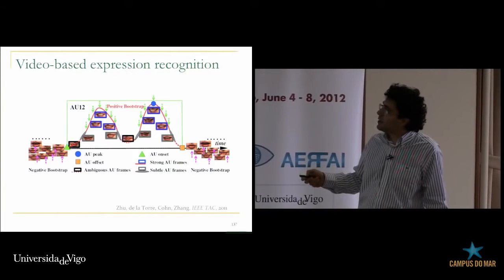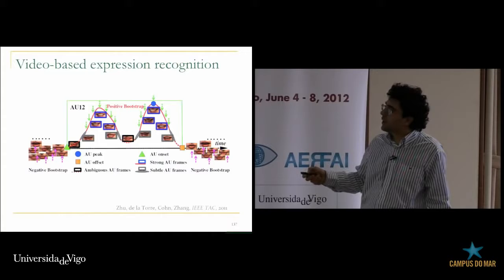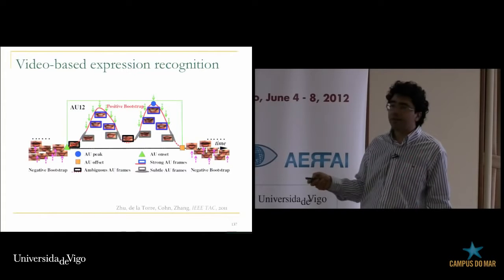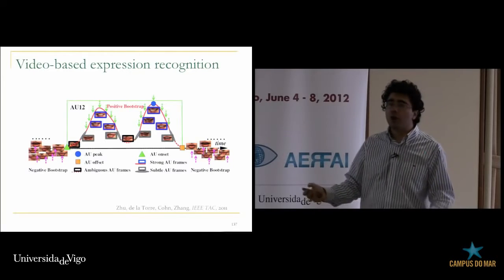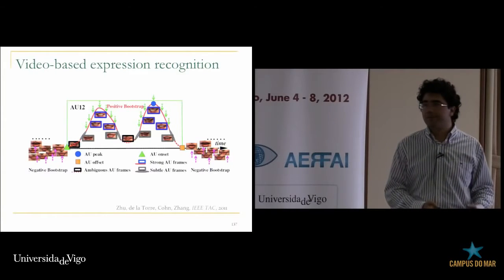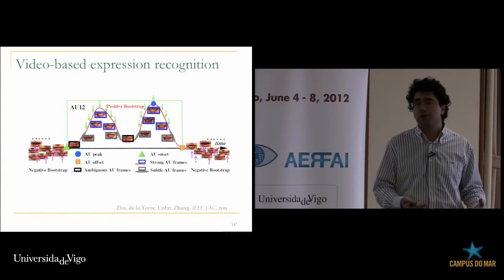They discarded the neutral-looking frames, and then they took distant frames as the negative examples. So they used the temporal dynamics to optimize their training set and improved the expression recognition accuracy.